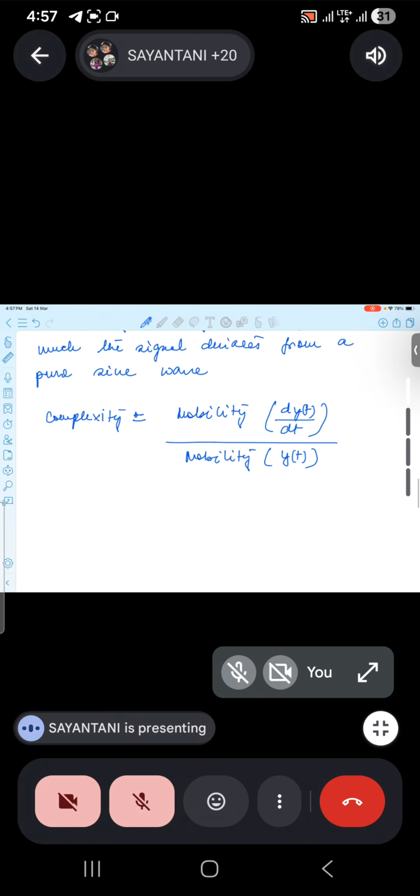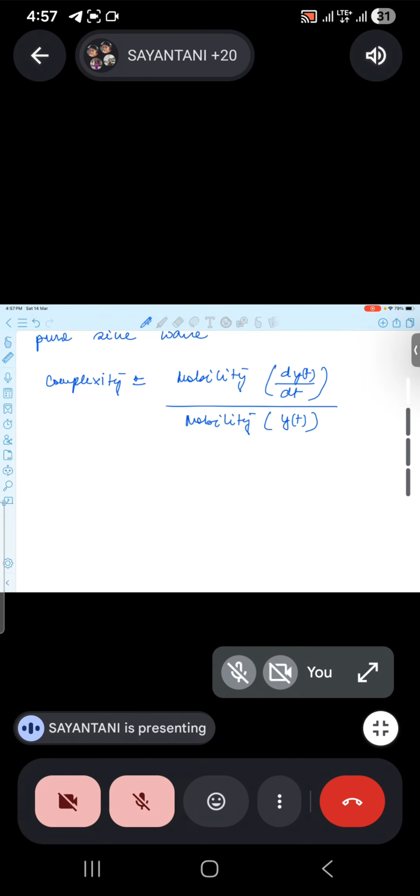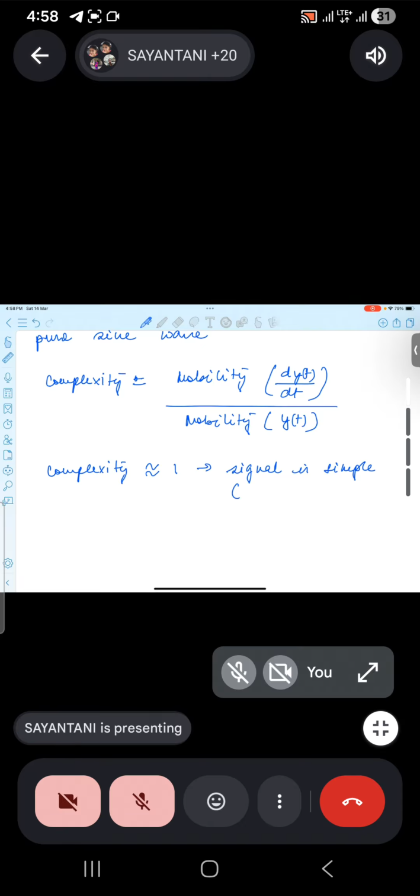Okay. So if I'm getting a complexity value closer to 1, that means whatever signal has been provided is a very simple signal, that means sine wave like.